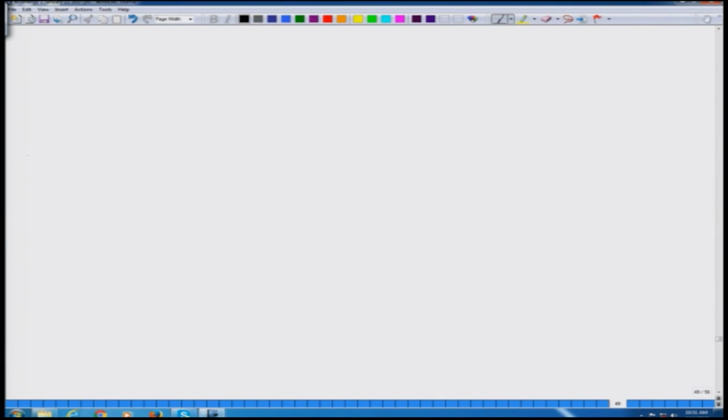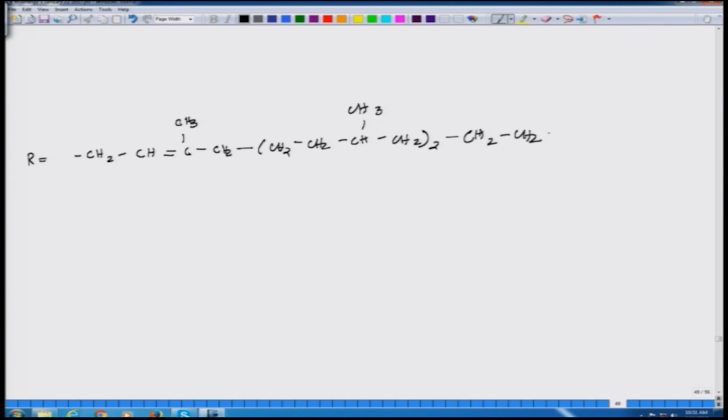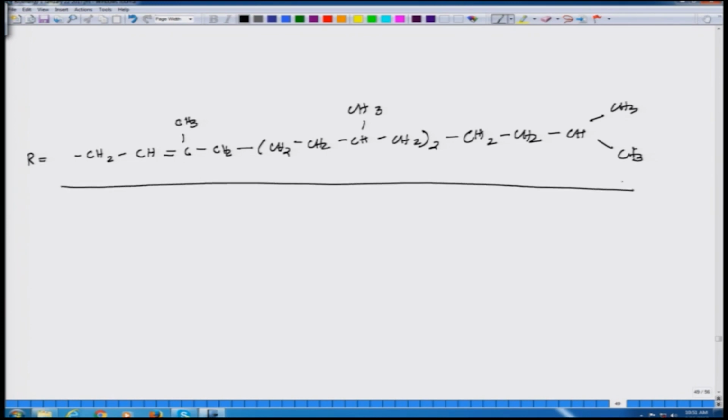That R is equal to CH2, CH, another CH3, CH2, CH2, CH2, CH, another CH3, CH2 twice, and then CH2, CH2, CH, CH3, CH3. So this is what the R group stands for.